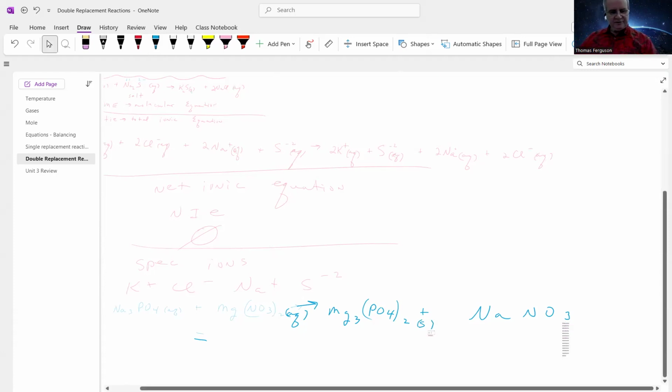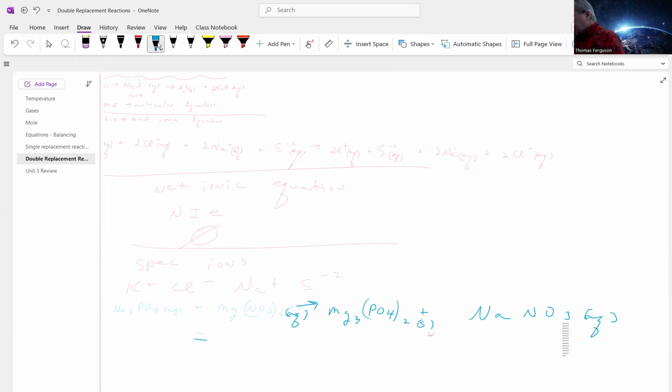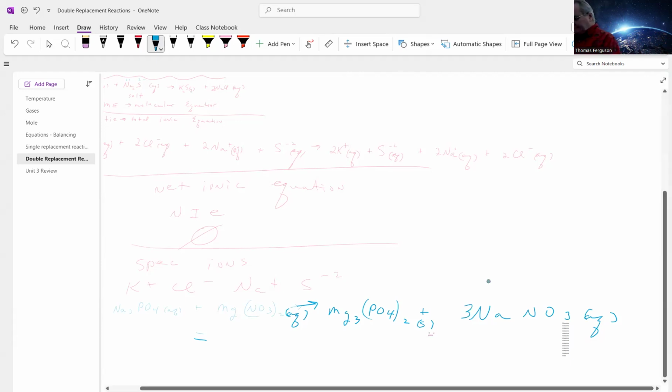And then sodium nitrate again is no solid, so it's aqueous. Okay, so is this balanced? No. We've got 3 sodiums on the left, 1 on the right. We've got 2 nitrates.